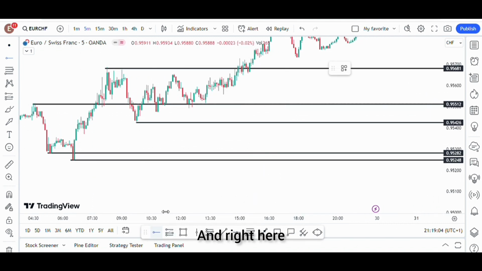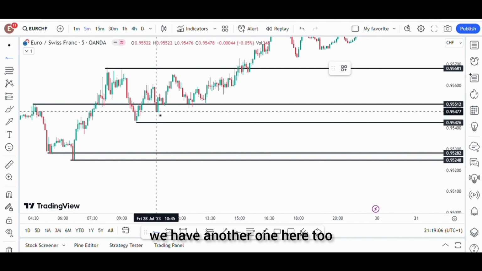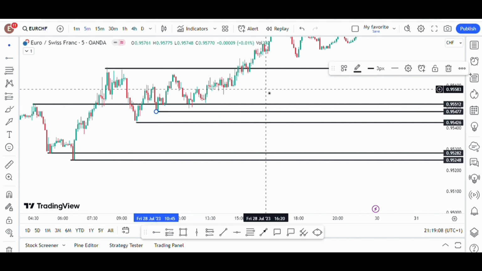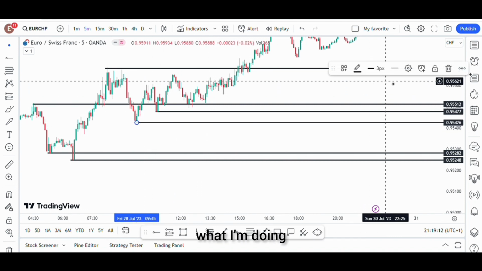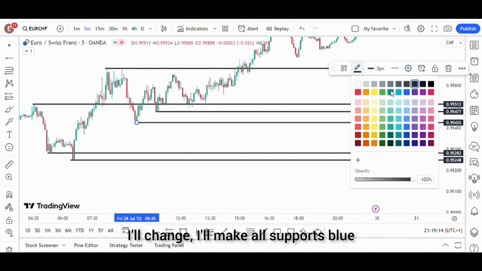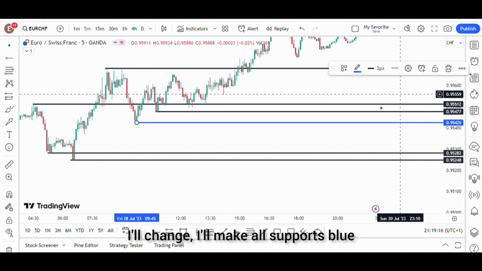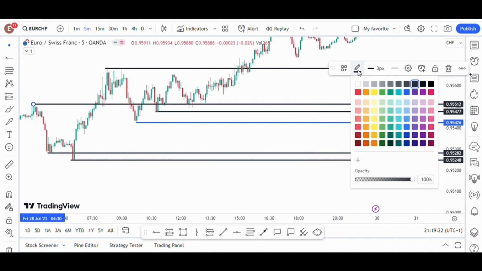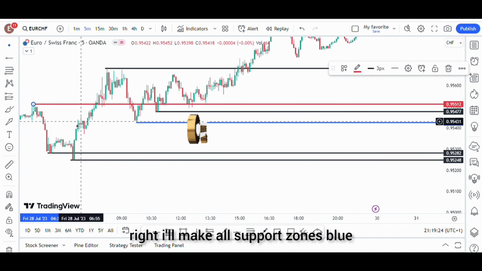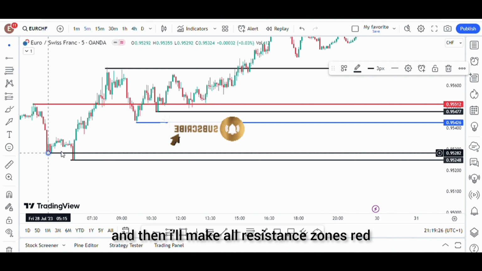And right here we have another one too. Let me change the color so you understand what I'm doing. I'll make all support zones blue, and then I'll make all resistance zones red.